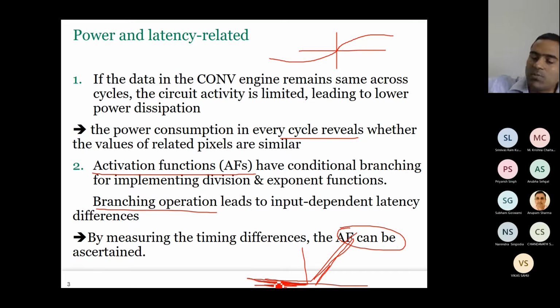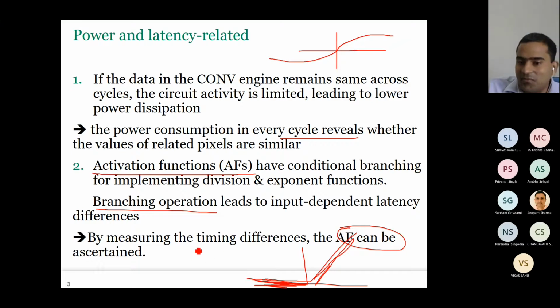For positive values, the output is something else. So by seeing the timing difference, you can find out which activation function it was, whether it was tanh or ReLU. These are the ideas for determining the activation function.